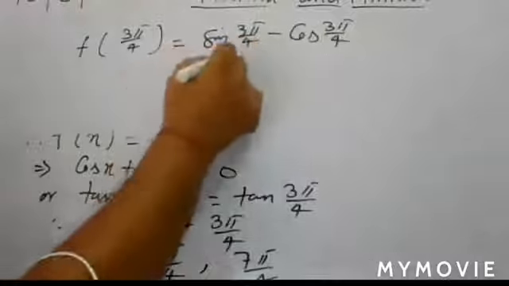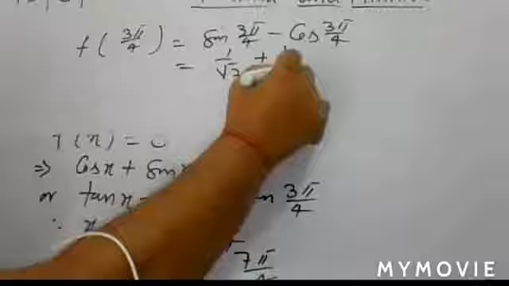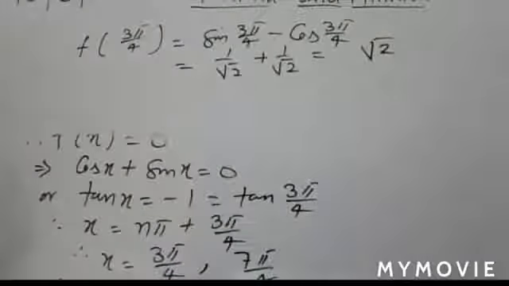And you know the value of this one is 1 by root 2, and here you have plus 1 by root 2. Overall, you have root 2. So root 2 is the maximum value, the local maximum value of the function in 0 to 2 pi.